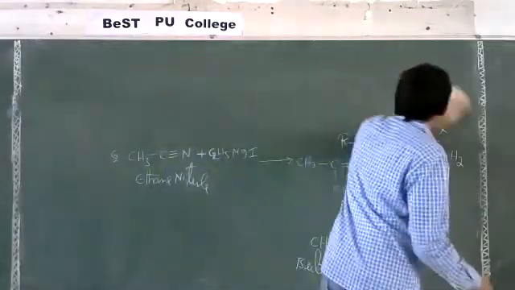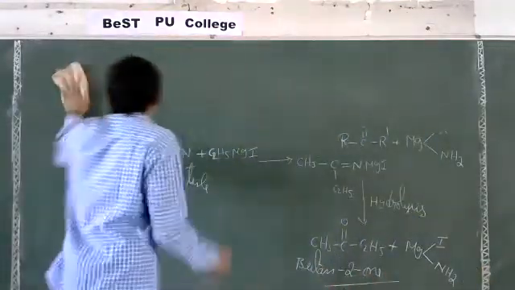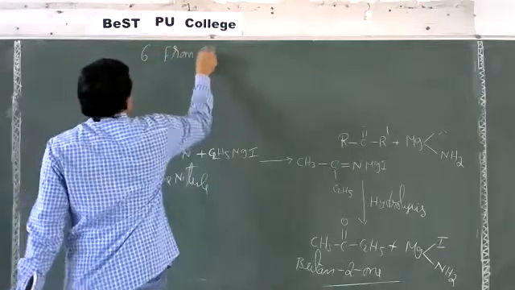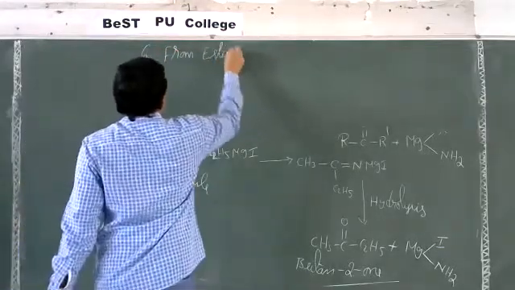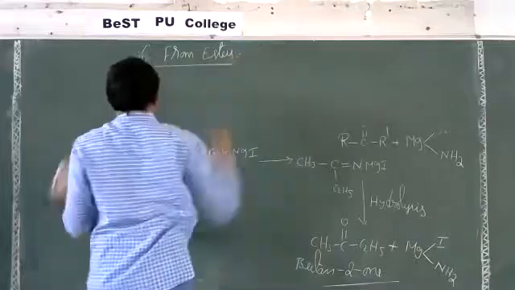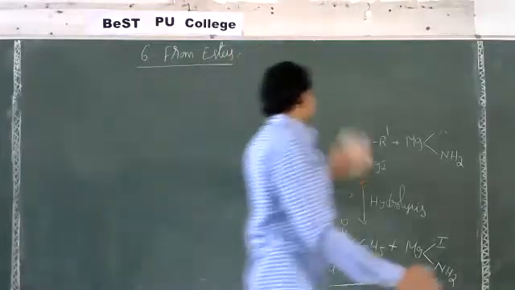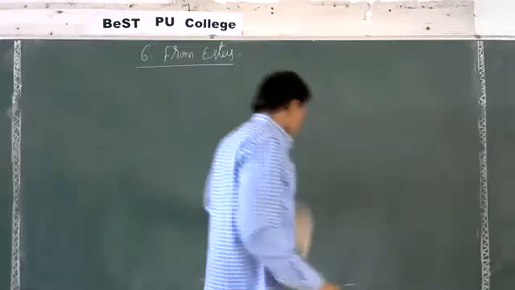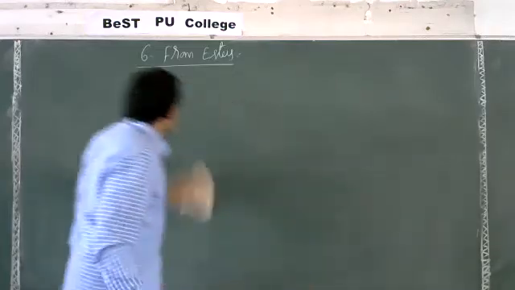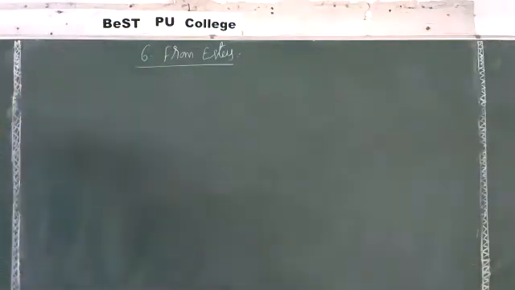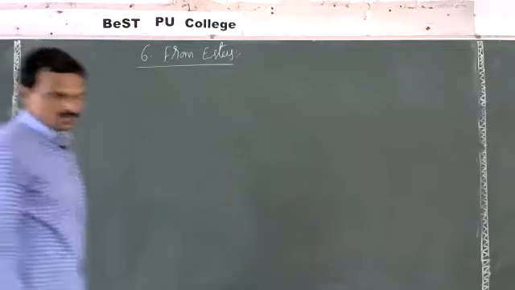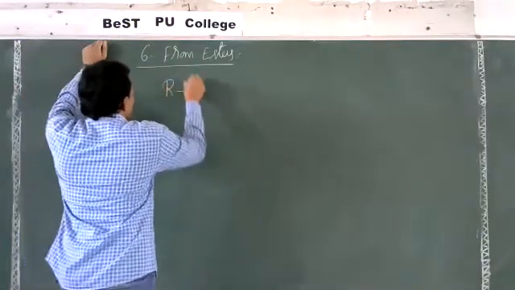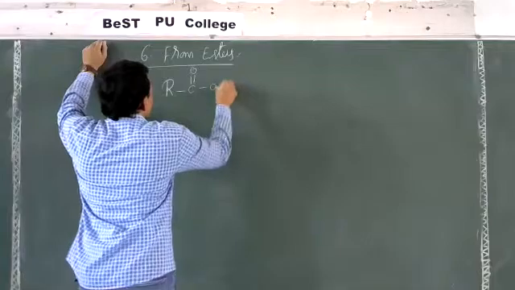Next, from esters. So from esters, we will prepare aldehydes, not ketones, only aldehydes. See here, RCOOR dash.